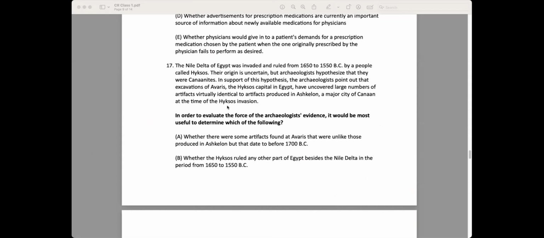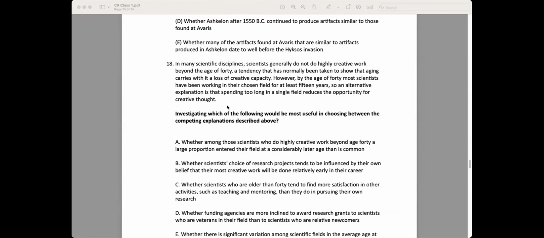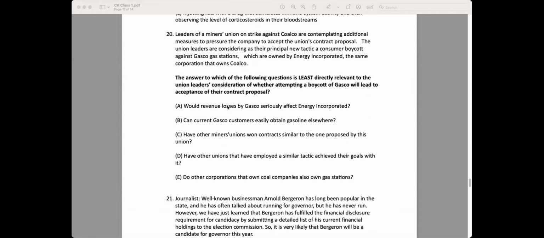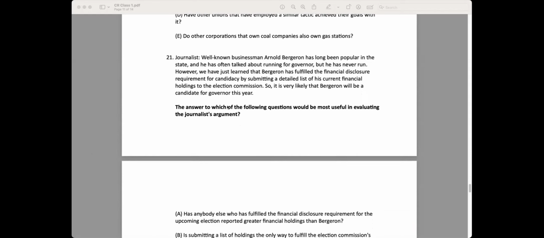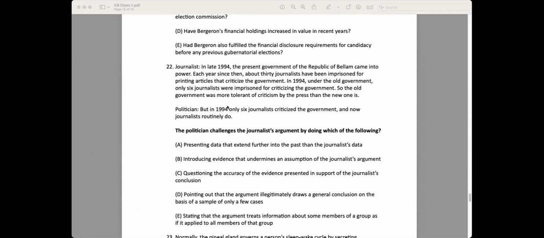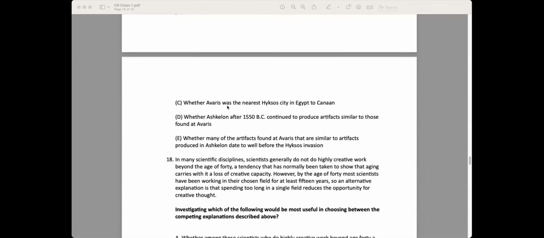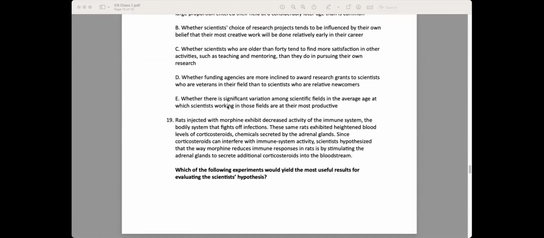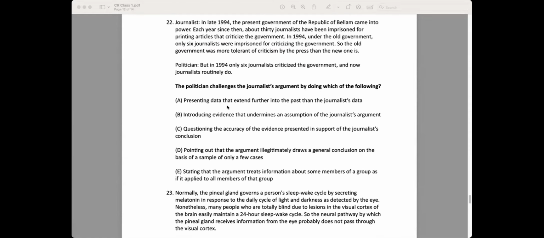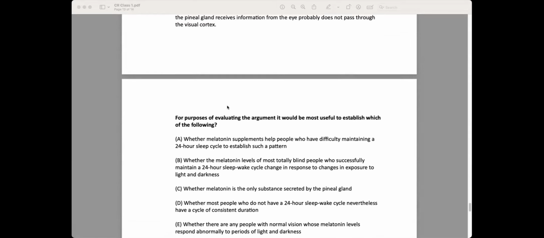Okay, let's do 17th. 17th would be the most difficult question that we'll be doing today. 18th also, and 22, and 23 as well.